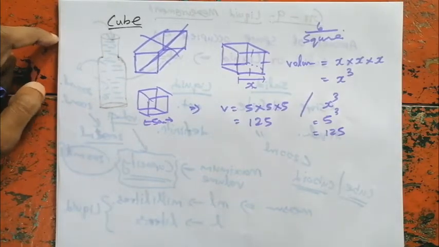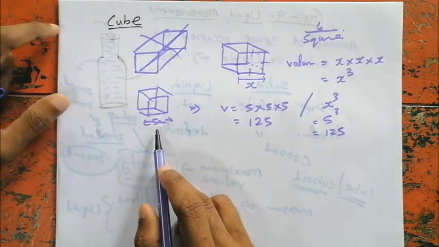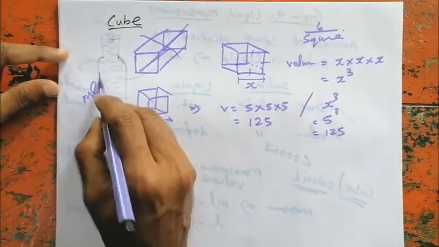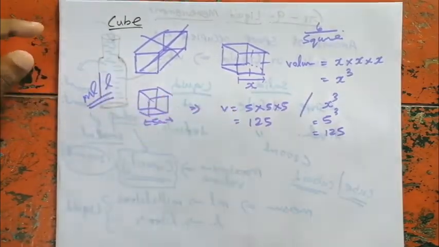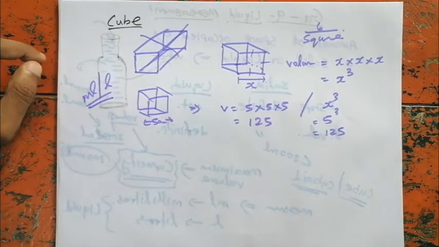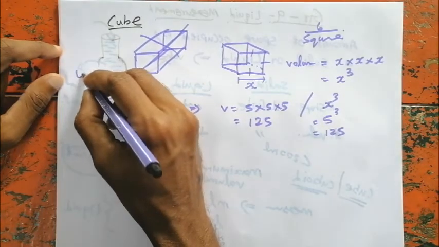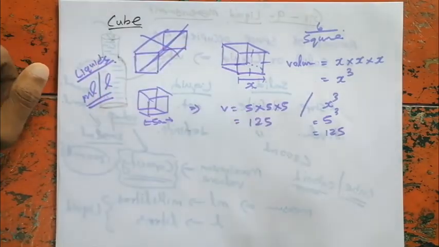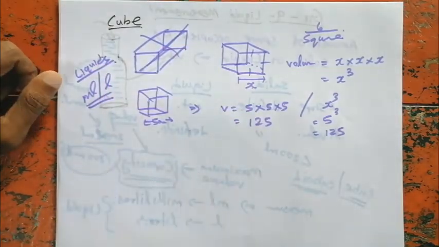Okay, what is the measurement of this length? It's in centimeter. Earlier we said milliliter and liter are the measuring units of volume, for whom? The liquids. So the measuring units of liquids are milliliter and liter.